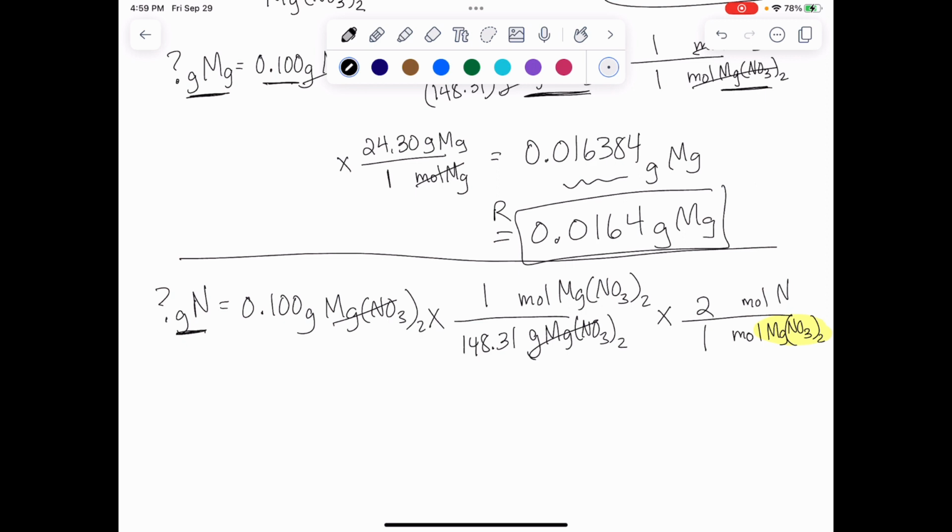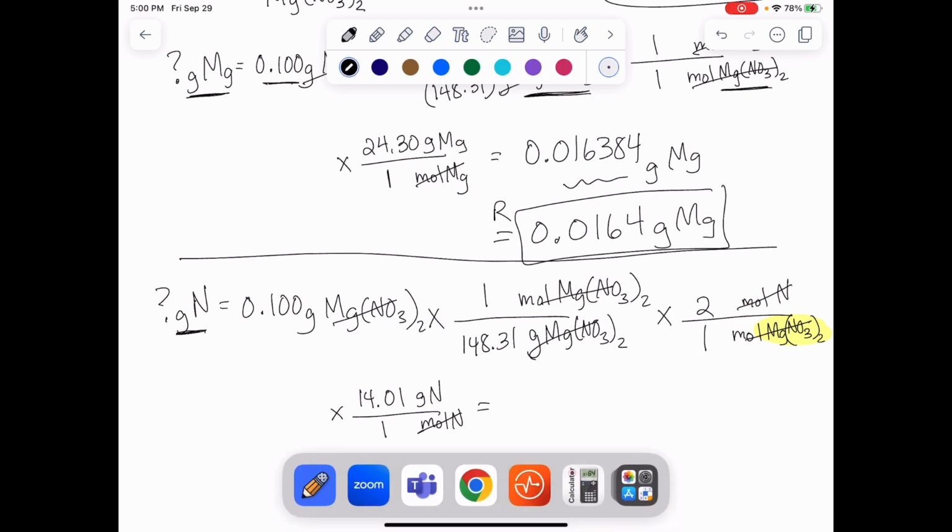The parentheses around the NO3 means that there are 2 NO3s. We also used that fact when we calculated the molar mass. And so that's going to get me to moles of nitrogen, but I'll still have one more step. Moles of nitrogen on bottom, grams of nitrogen on top. That's just the molar mass from the periodic table. 1 mole of nitrogen is 14.01 grams. Remember, there's a typo on that periodic table.